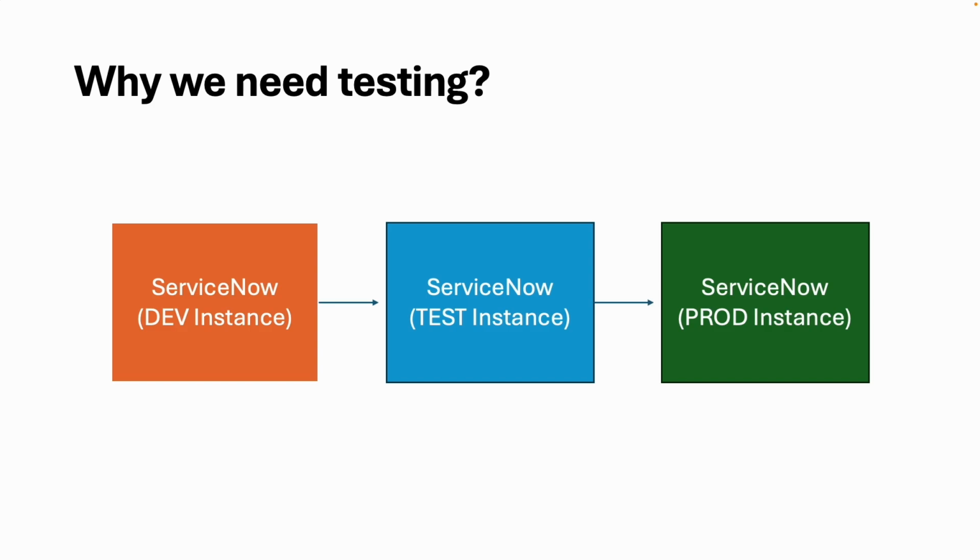Let me give you another example. If you're already in the ServiceNow field, then you know upgrades happen, right? The upgrade never happens first in prod, right? First it comes to dev or test, the lower instances. So once the upgrade is done, like from Washington to Xanadu, in the test instance, there could be chances that existing functionality of ServiceNow could get affected because of the upgrade.